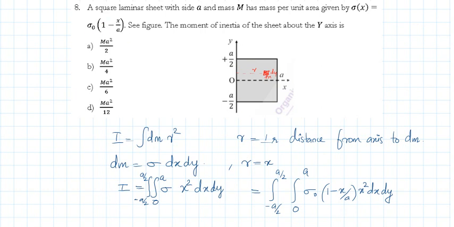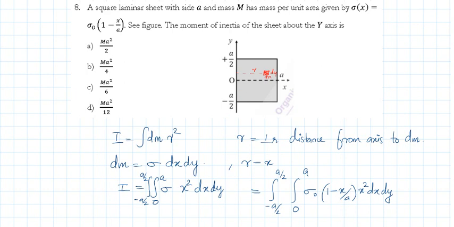We have the standard definition for moment of inertia of any rigid body. It is integral dm into r square, where dm is a point mass and r is the perpendicular distance from the axis of rotation about which you have to find the moment of inertia.